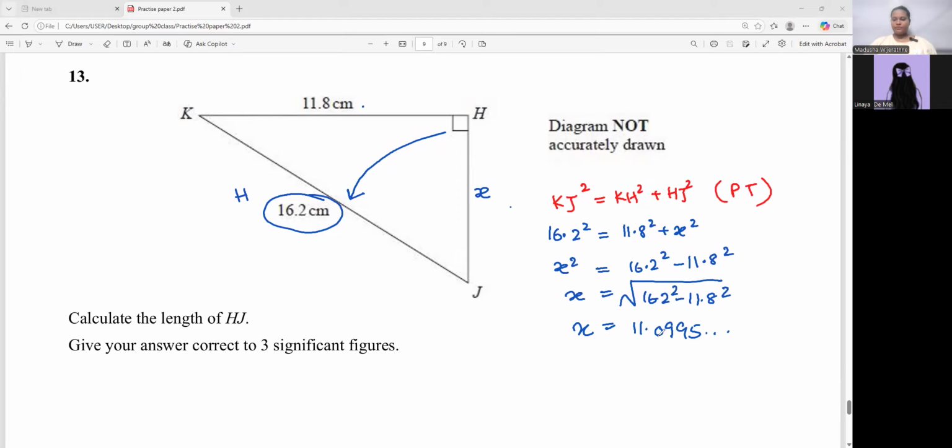First figure, second figure, third figure. Separate from here. After the line, it's 9, so we need to add 1. x is equal to 11.1 centimeters.